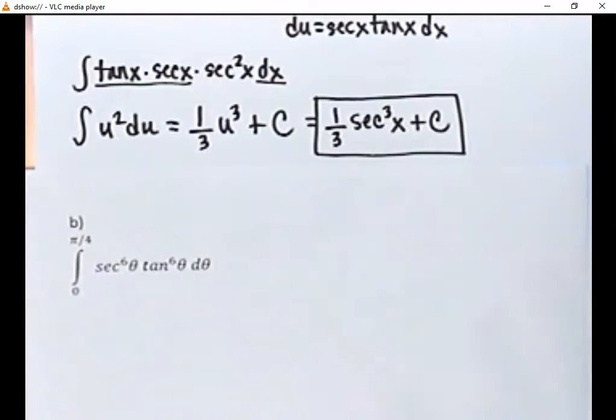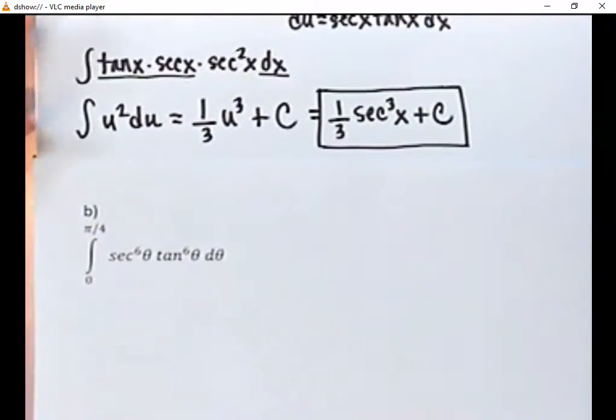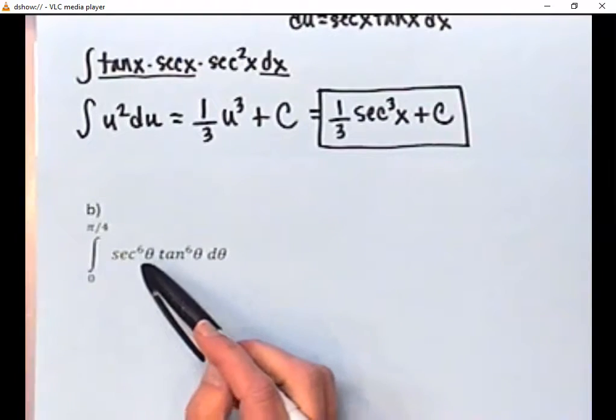Okay, so we still have secants and tangents. What do you want to do with this one? Any thoughts? Yeah, we can. And you're thinking maybe let u be tangent. Why would you want to let u be tangent here? Right, because the derivative is secant squared, and here we have an even power, right?